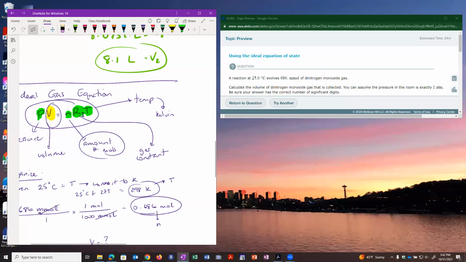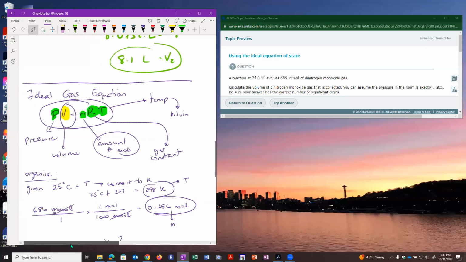And again, R is a constant. You don't have to memorize that. You'll always be provided with it if you need it, and you can look it up here in ALEKS in the data on the right side. So really, most of the gas law problems just boil down to applying math to these gases, this physical state, and some of the properties.